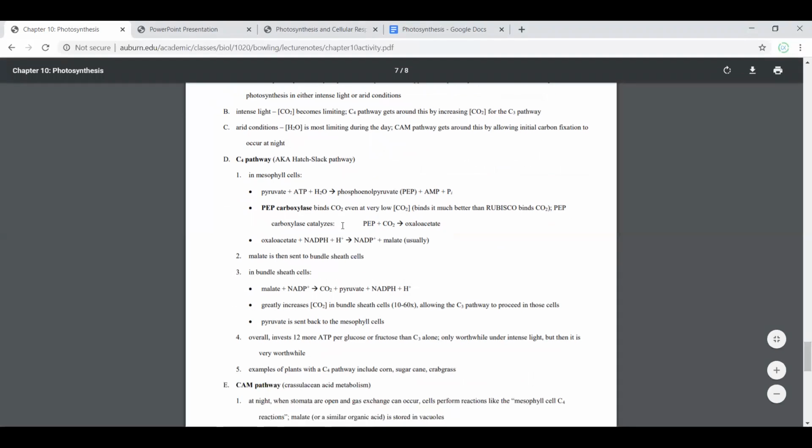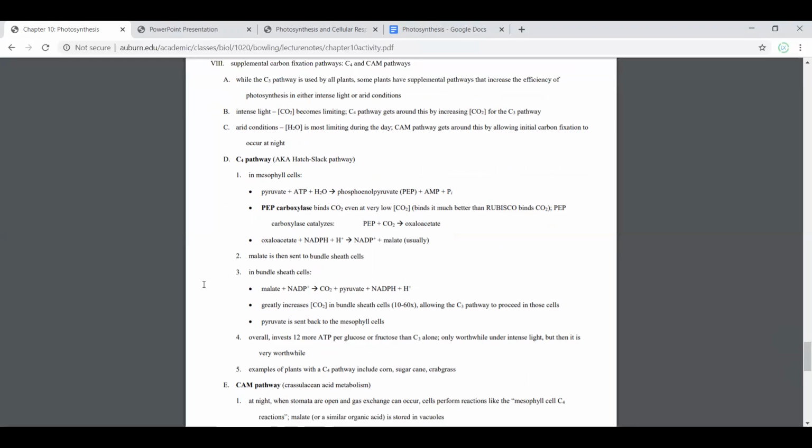Through that pathway, we create something called malate. Malate stores that CO2, and then transfers it to the bundle sheath cells. Once it moves to the bundle sheath cells, it gets stored in the vacuole. And then once the plants need it, they take out the malate and convert it into CO2, which can be used in the Calvin cycle.